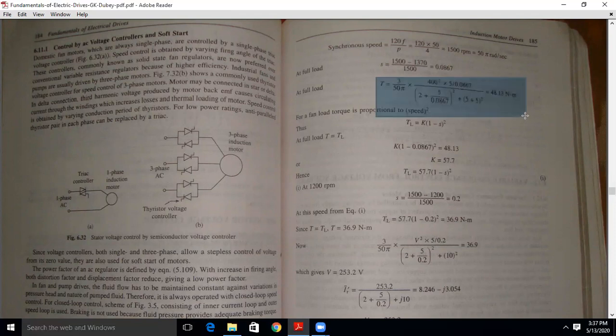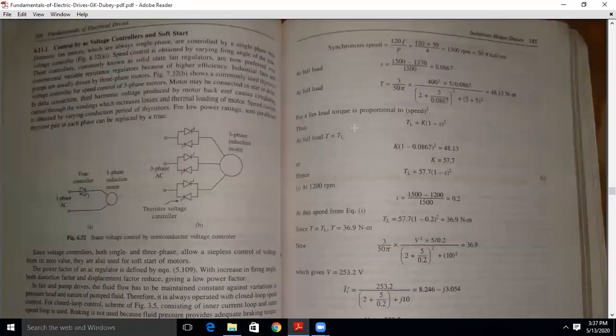Put the values. So at full load it is 48.13 Newton meter. Now, for a fan load, torque is proportional to speed. We know this. Stator voltage control is mainly employed for fans and pumps, in order to control the speed of fans and pumps.